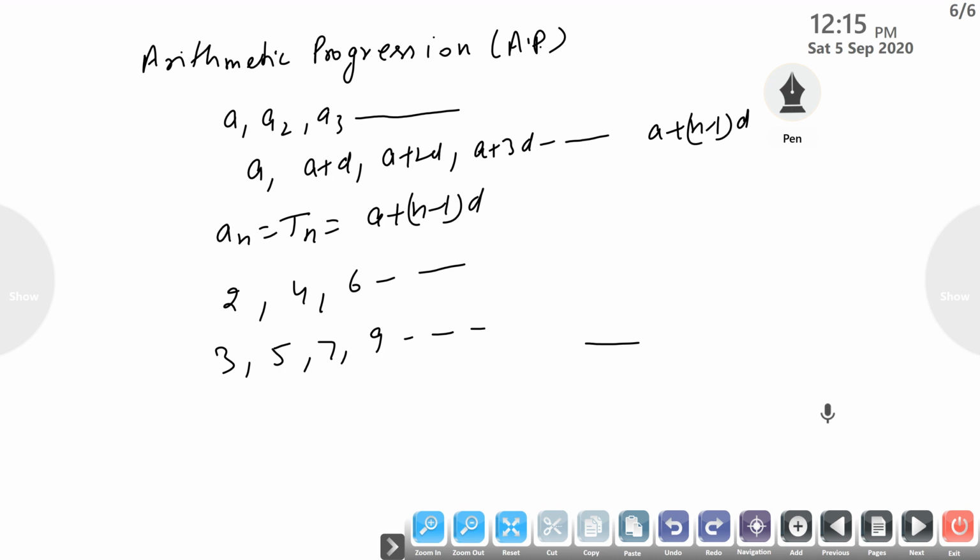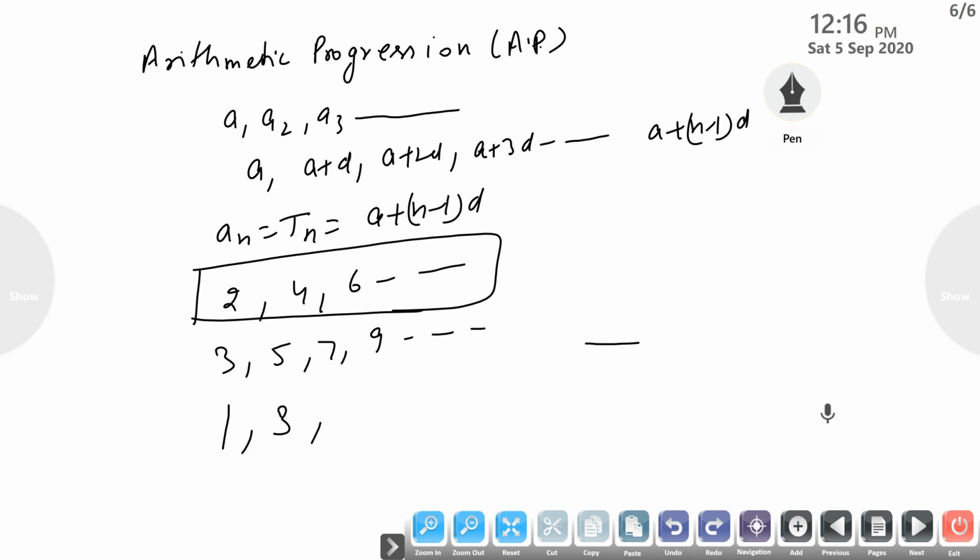This is also an arithmetic sequence because here the first term a is 3 and the common difference is 2. So if the same value is added to each term, the resulting sequence also forms an AP. And if we subtract the same value from all the elements, it is also an AP. If we subtract 1 from this, we get first term 1, second 3 and third 5 and so on. This is also an AP.